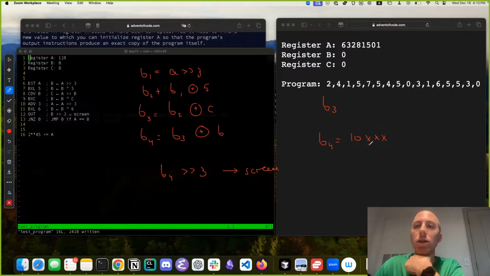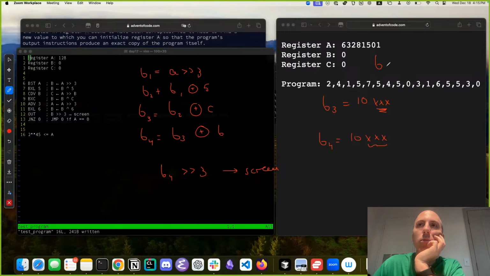Well, that's convenient. 5 fits in these last 3 bits, so it doesn't matter. B3 can be anything. B3 can be 10. It doesn't matter, because we're only going to affect these bits. So B3 can just be anything.